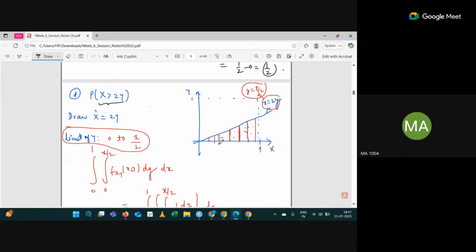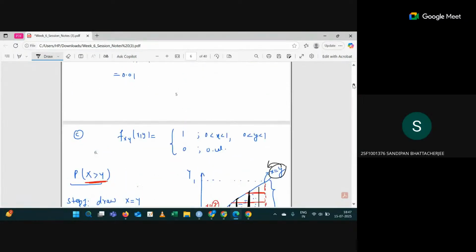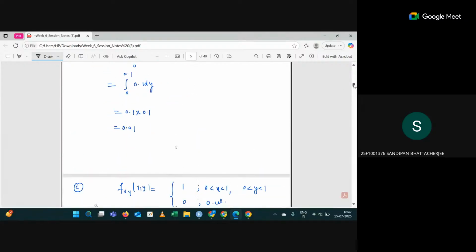See, one way is I can calculate with the area integral, right? I mean the area formula. Yes, sir, but I want to know this. So when you're computing the limit of x, it should go from 0 to 2y. The maximum it would go is 2y, that would be the domain.